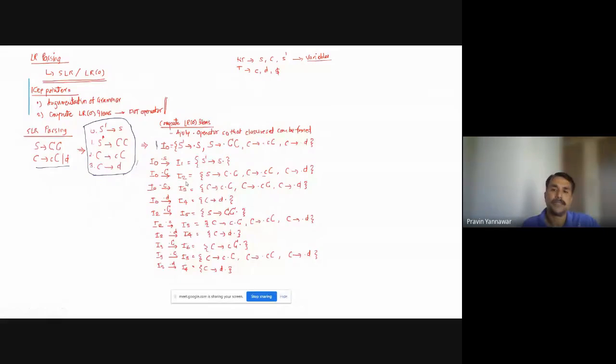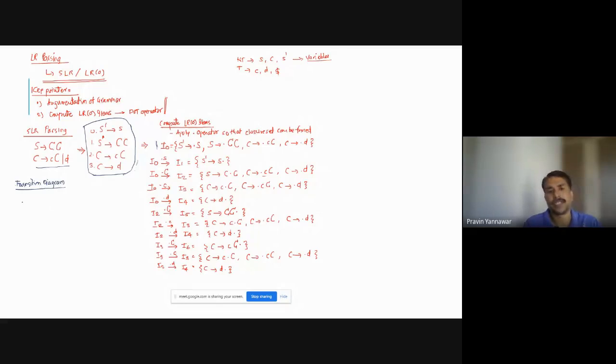Once you shift the dot, you need to prepare a transition diagram, which signifies how it is being reduced and shifted. So you have got a transition diagram here.